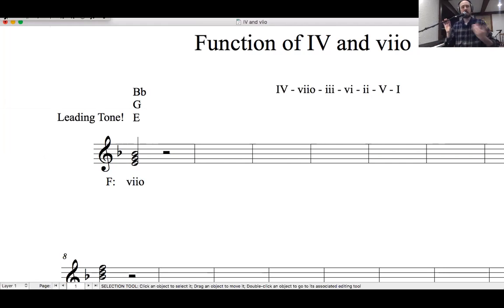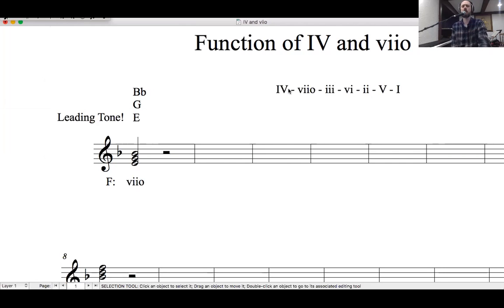But it's become more and more important in our harmonic conception. So if E is the leading tone, we can think of what other chord in our key contains the leading tone that we could match 7 up with.